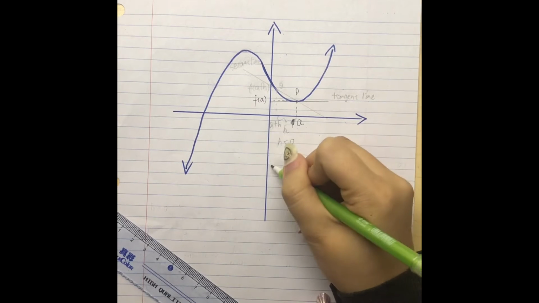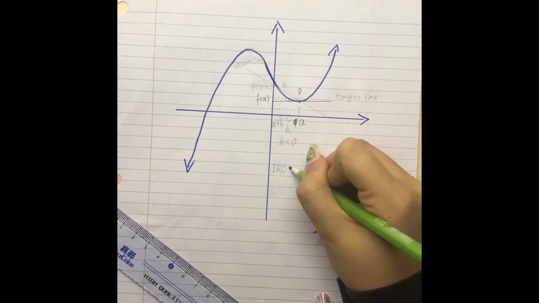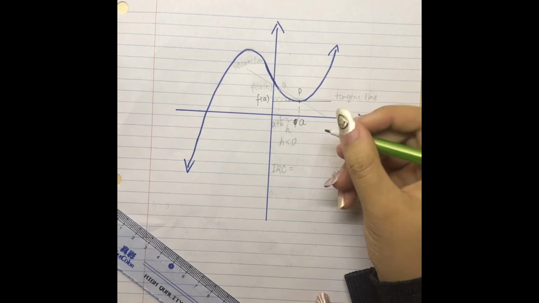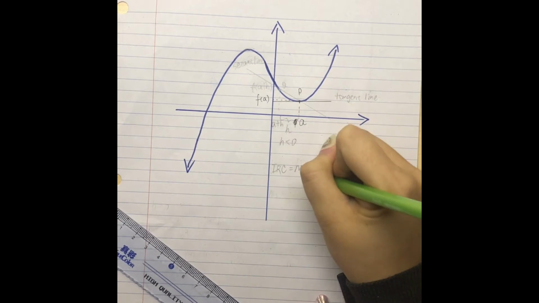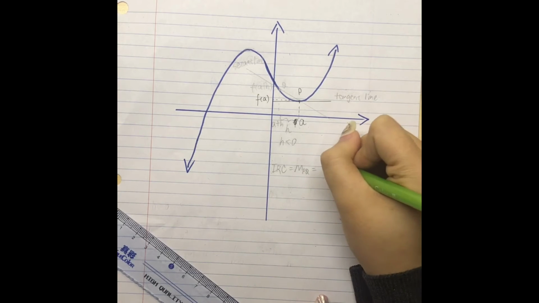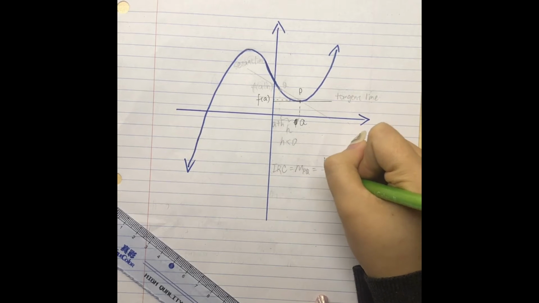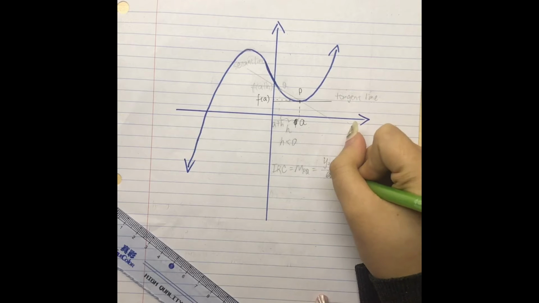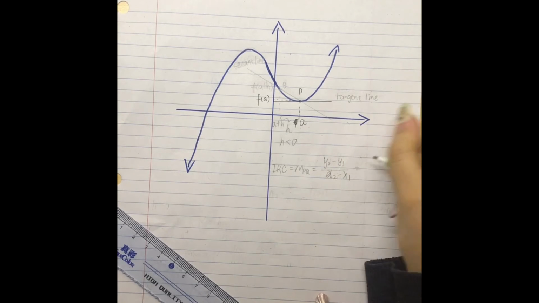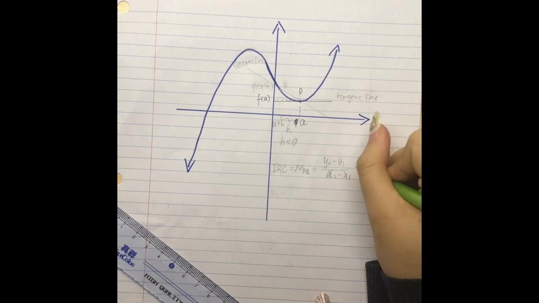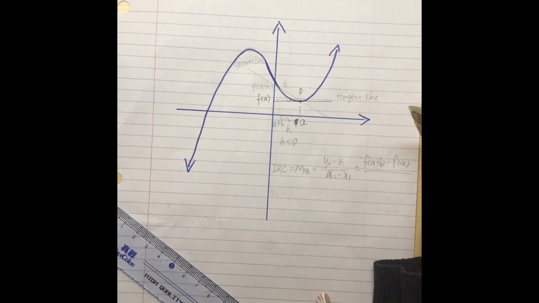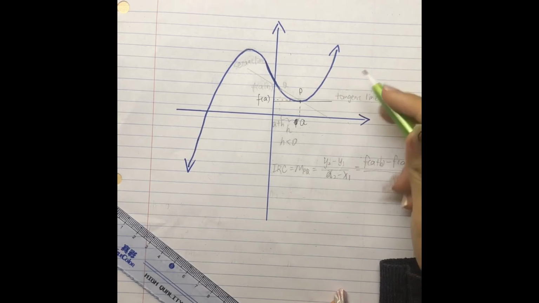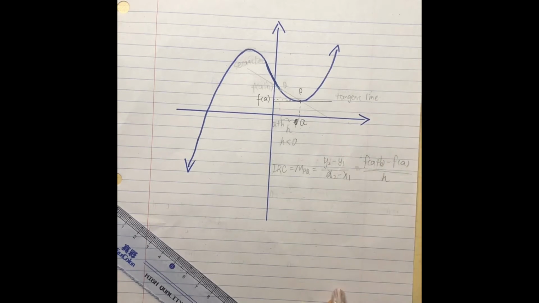We know the IRC is the slope of the second line, equals m_PQ, equals y2 minus y1 divided by x2 minus x1, equals f(a plus h) minus f(a), divided by (a plus h) minus a, so equals h.